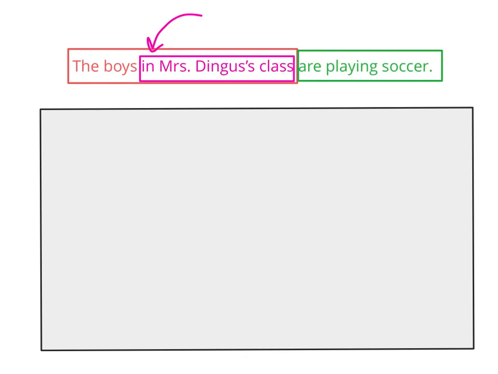So class is going to be the object of the preposition. So it cannot be the class that's playing soccer, because class is an object of the preposition in. So everything in here cannot be the subject of the sentence. So we can just kind of cover it up for a minute. We're going to just pretend it's not there for a minute.